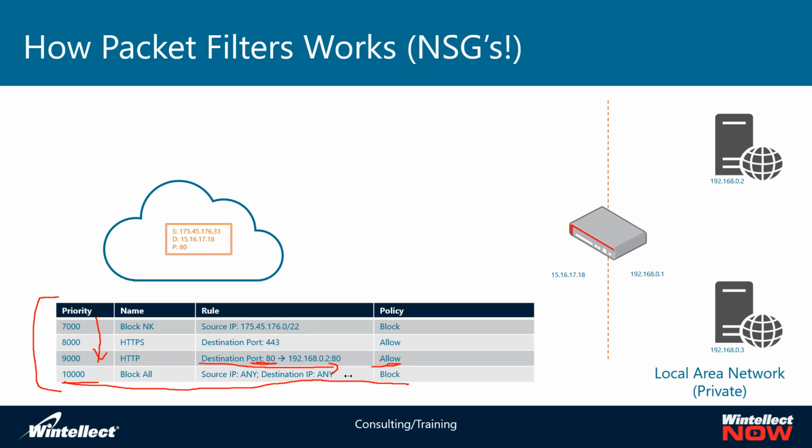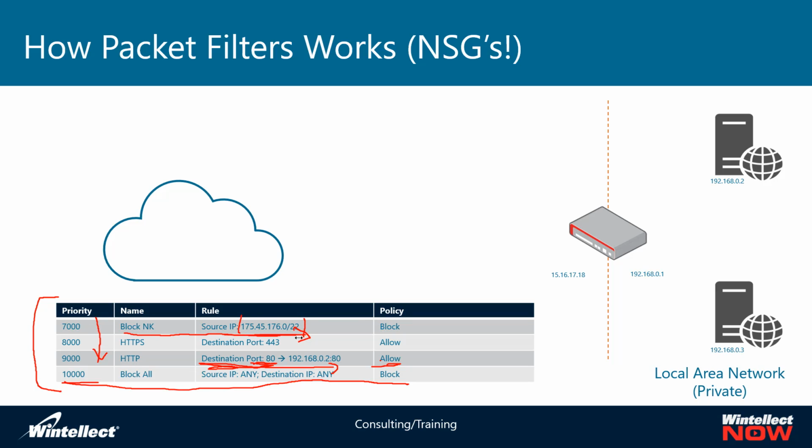So my next example here is a source IP address of 175.45.176.33, the same destination, and port 80. Well, what's going to happen with this one is it's going to hit the firewall and get dropped too, because even though it would match this rule here, it ends up getting blocked by this rule here because it has a higher priority, because the source address fell within this CIDR block here.